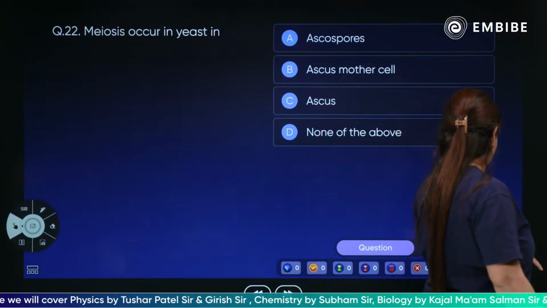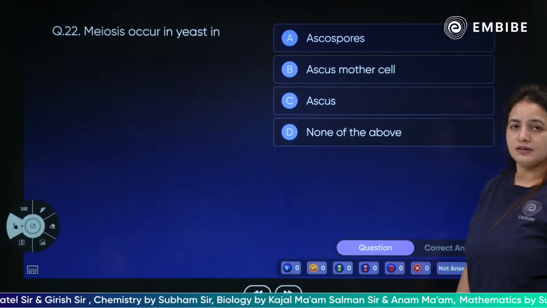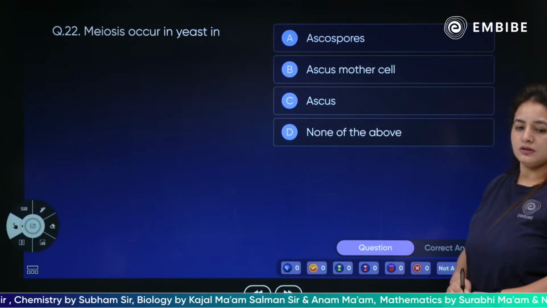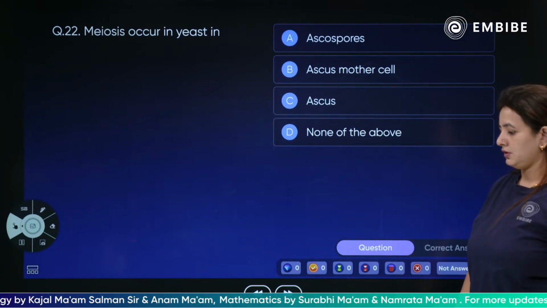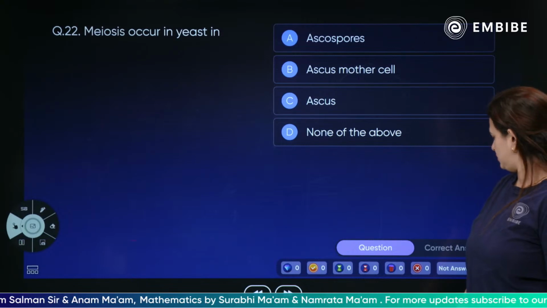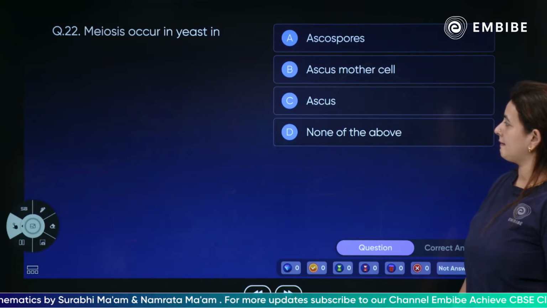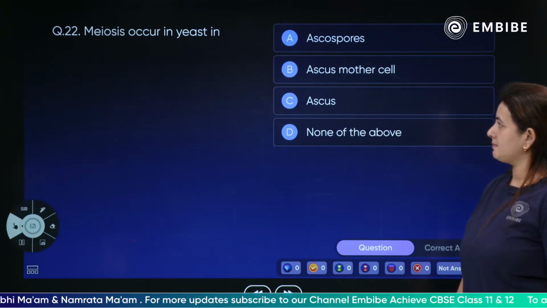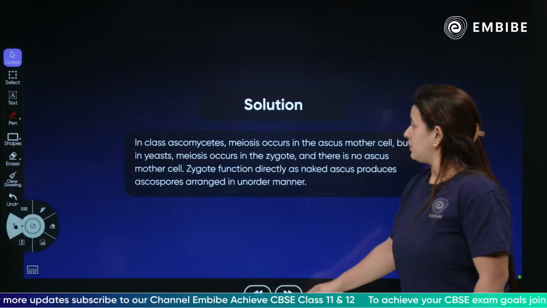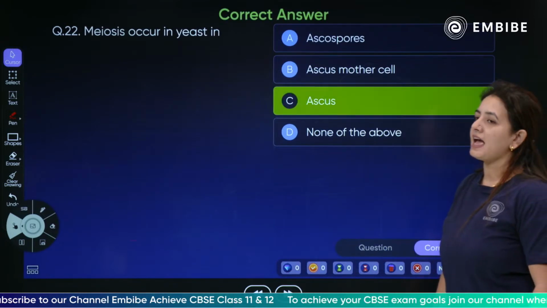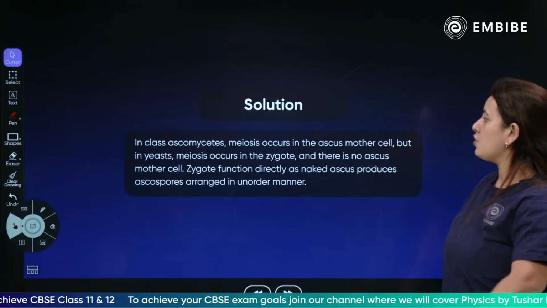This is also very easy. Of course, the correct answer is the ascus. So ascus is where the meiosis takes place, leading to the formation of ascospores.